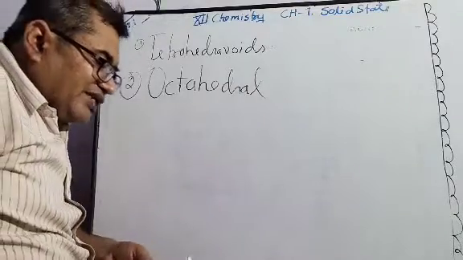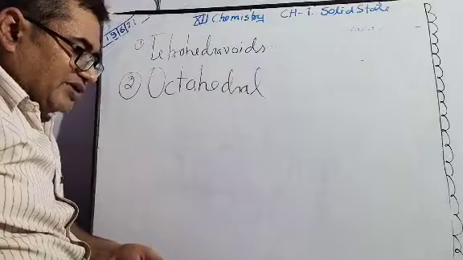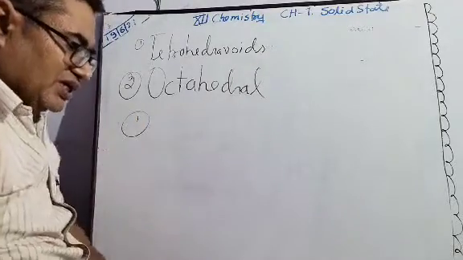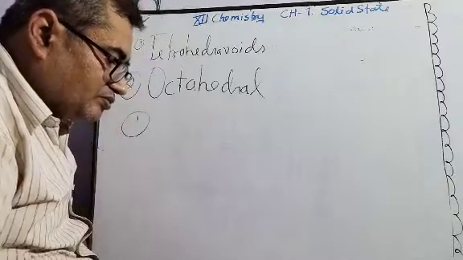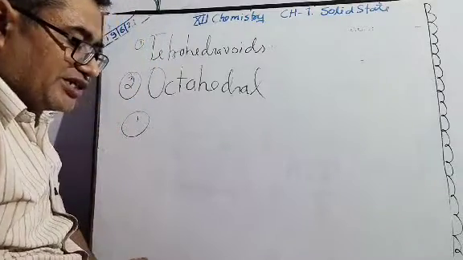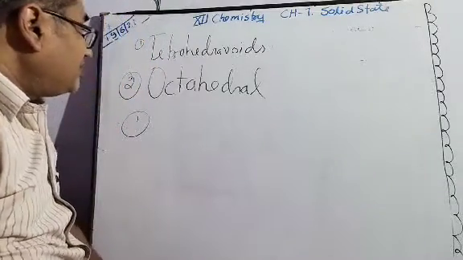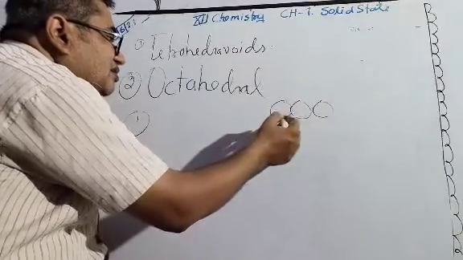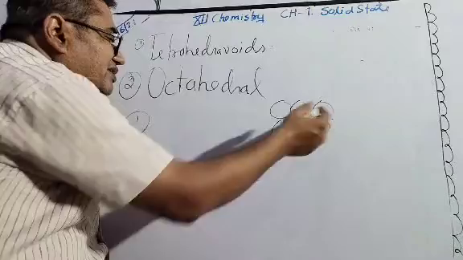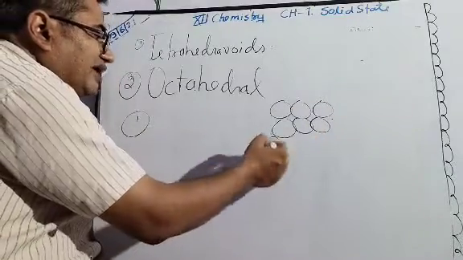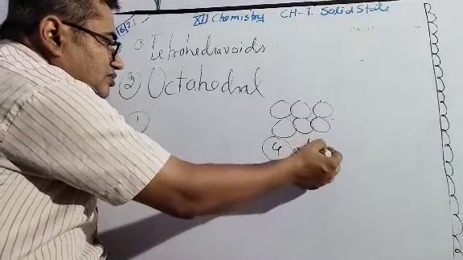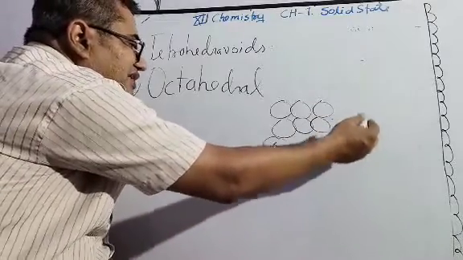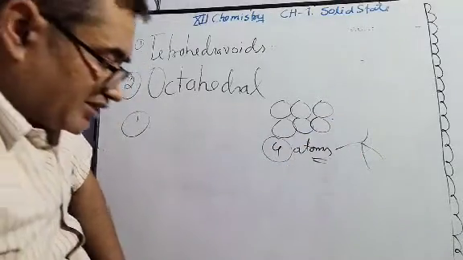Okay, so tetrahedral voids in number. First of all we have to think about the calculation of the radius of the tetrahedral void. We have to keep in mind one thing: for the spheres, 4 atoms are present tetrahedrally, which forms a tetrahedral void.